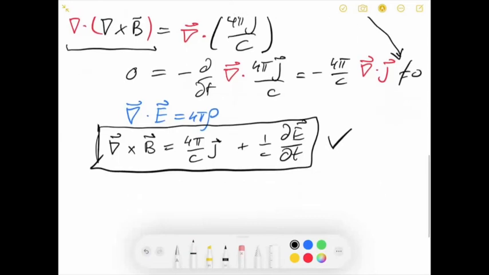So this is, of course, now called Ampère-Maxwell, and this term on the right is called the displacement current.